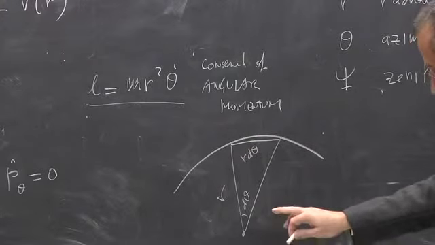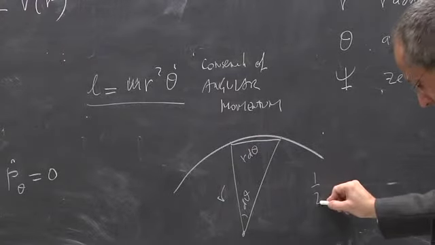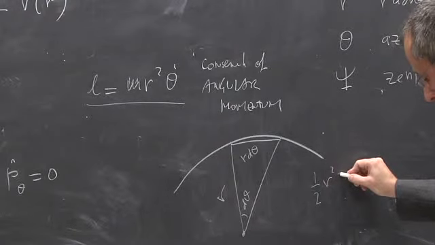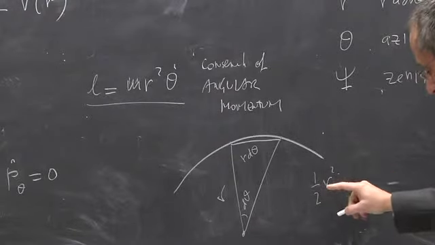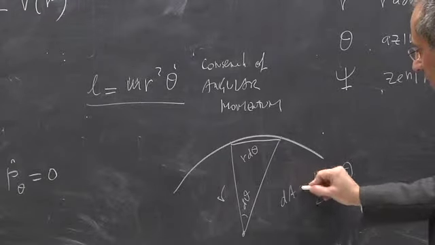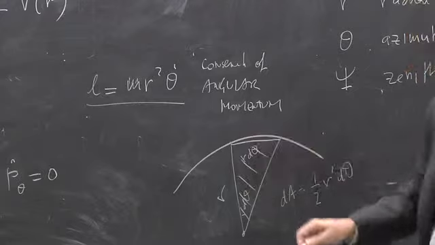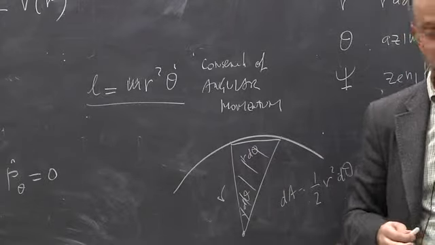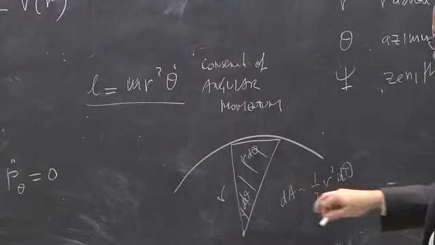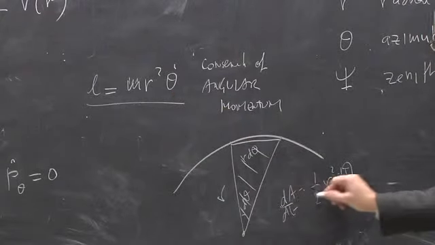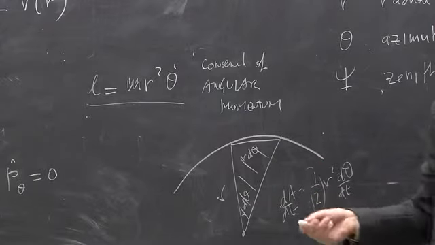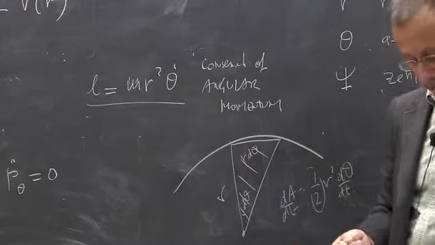So if I write 1/2 r square d theta, right? This is the area that you have here, the infinitesimal area. So you see this is essentially this quantity here, right? Because if you take dt, except for a constant, that doesn't matter because everything is constant, right?